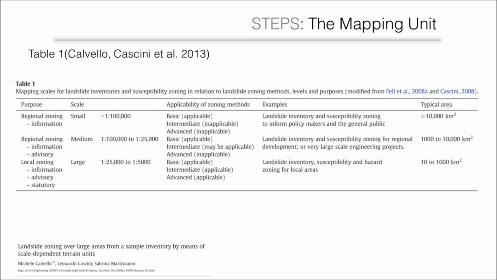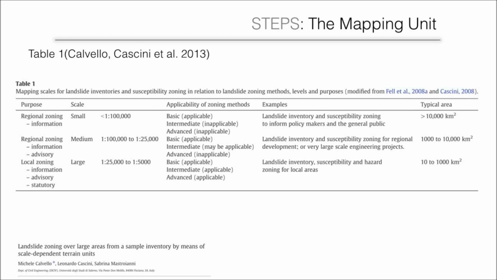For example, if your scale is within 1 to 100,000, this is considered a small scale, useful, for example, in landslide inventory and susceptibility mapping to inform policy makers and the general public. So this is a general assessment.